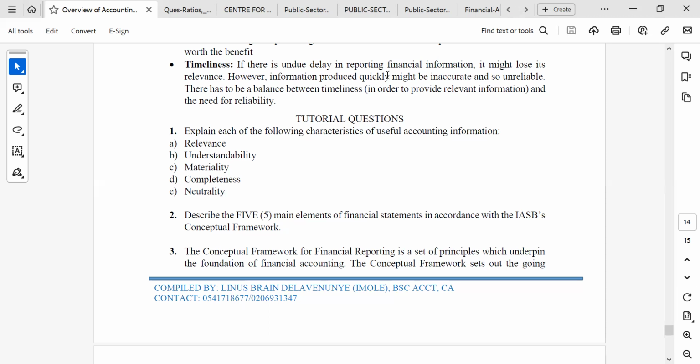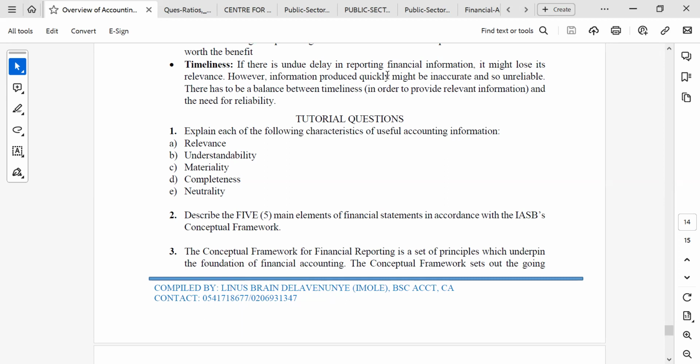Okay, so the information given should have a predictive and a confirmatory value. This means that the information should be able to help people to predict what will happen in the future, based on what has happened in the past and what is happening currently. The confirmatory value is that people should be able to draw a conclusion that, okay, this is the reason why this thing has happened. They should be able to confirm something that happened in the past and something that is happening currently.